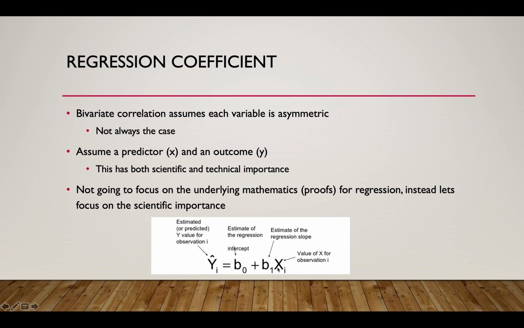Then we have x, and this is any value for x for person i. So if person i is 4, then we have the slope. This slope times this value of x should give us the predicted value of y plus the intercept. So if the slope is 0.4, then we would have 0.4 times 4, assuming this person's x value is 4, and let's just call the intercept 0 for right now.